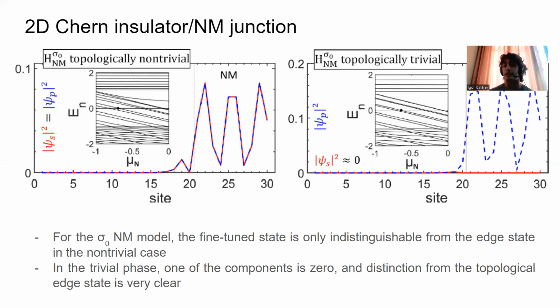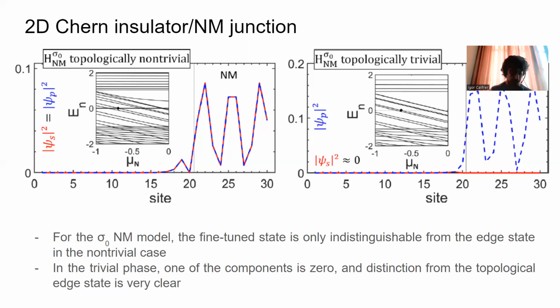On the other hand, for the topologically trivial phase of this model, when we tune the energy levels of the normal metal to zero energy, one of the components is zero. So if we have a probe that can distinguish between S and P components of the wave functions, we can distinguish between this and the topological edge state.